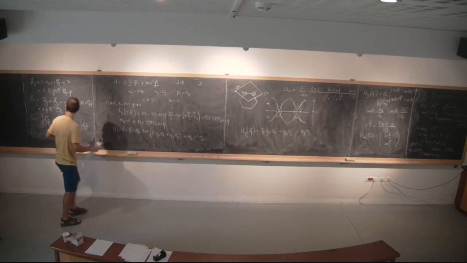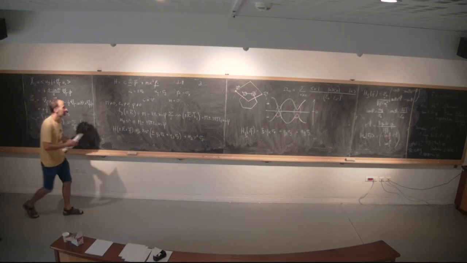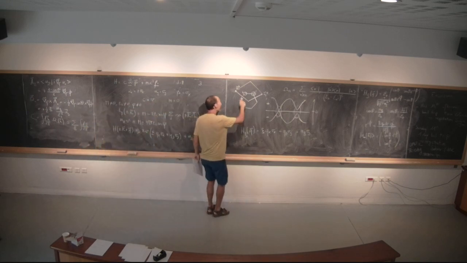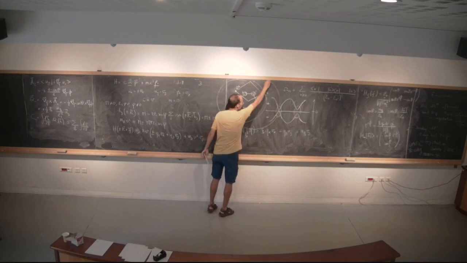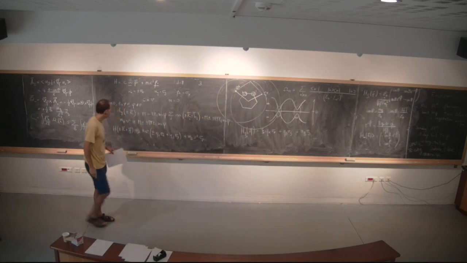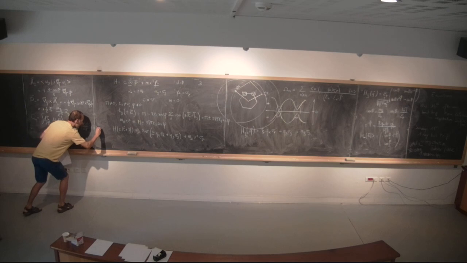But this function decays so fast that it doesn't make much of a difference to actually integrate over all space. So actually, in the end, instead of integrating on this rhombus, I integrate on an infinite plane for this point, and again an infinite plane for that point. So that's the calculation we are doing now.